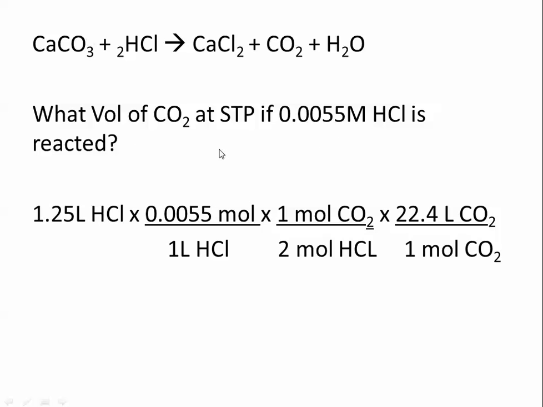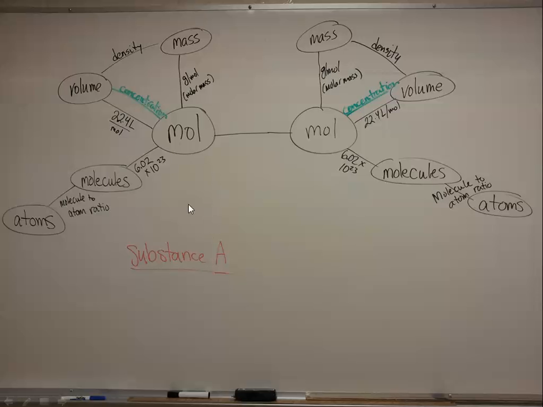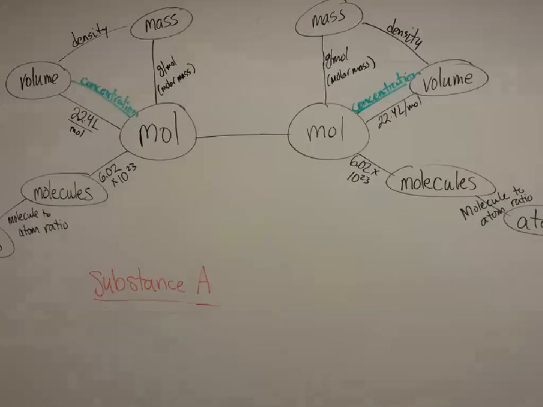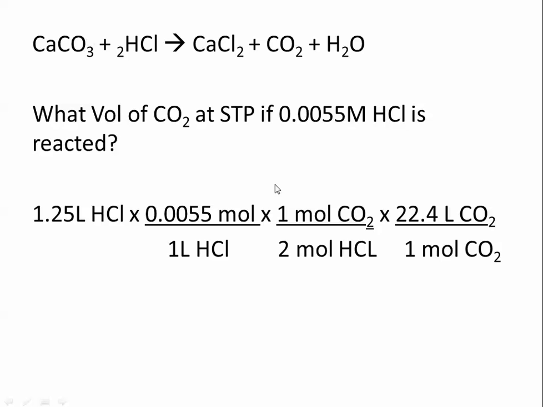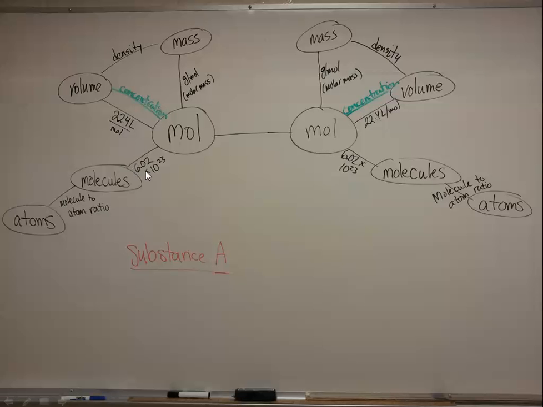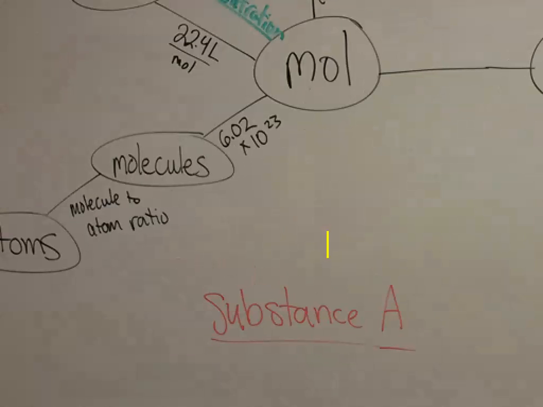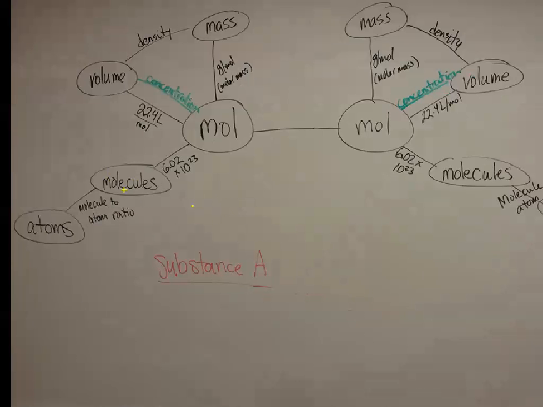So again, let's go back to this bridge for a second. Let's pretend that this side over here is our CO2, and this side over here is our other chemical. I can't even remember what it was now. HCl, that's right. So this is our CO2, and this over here is our HCl.